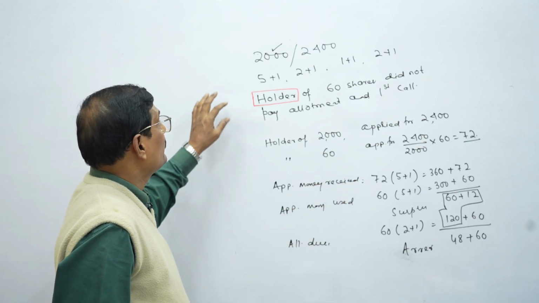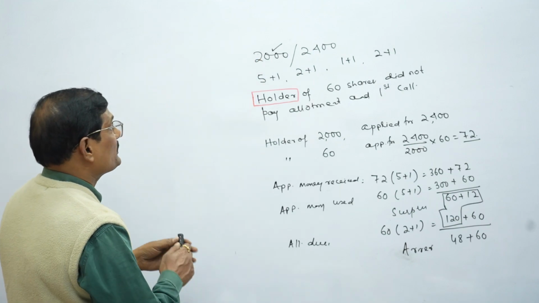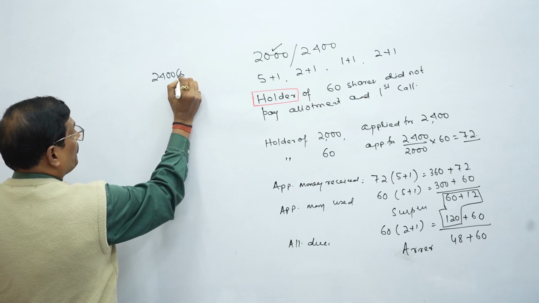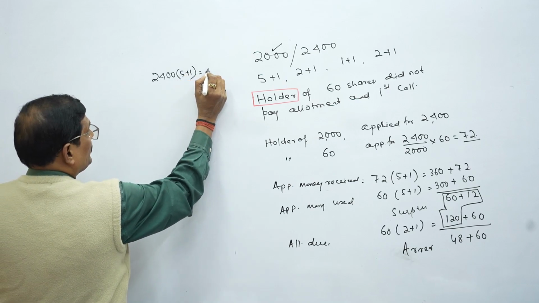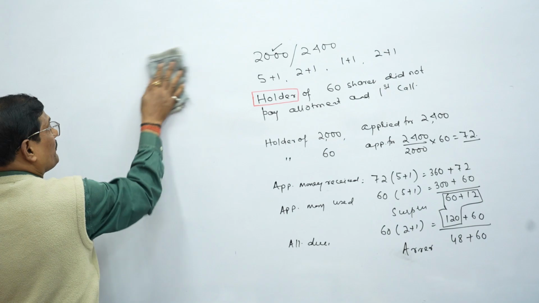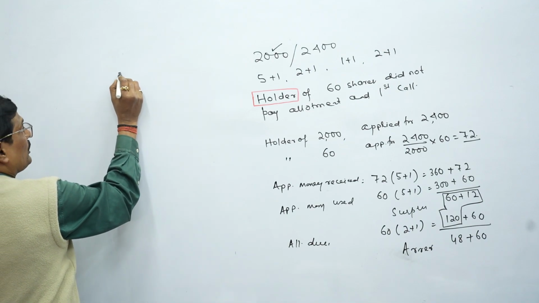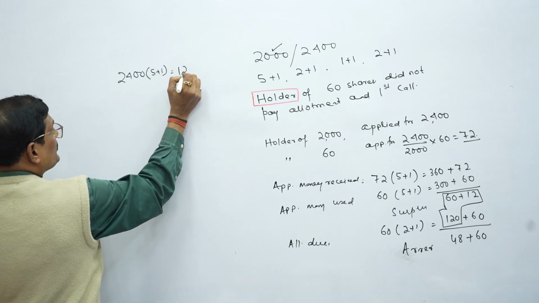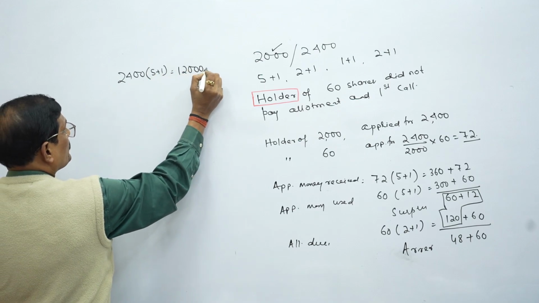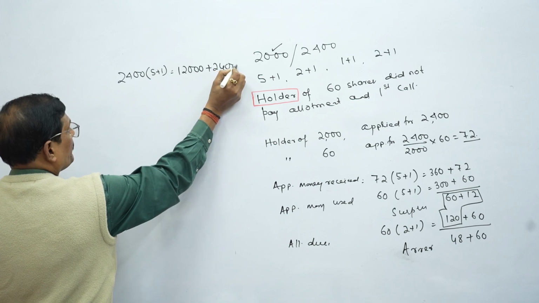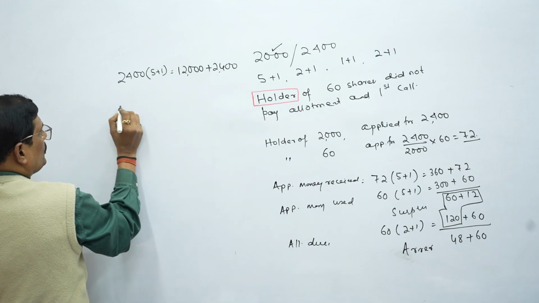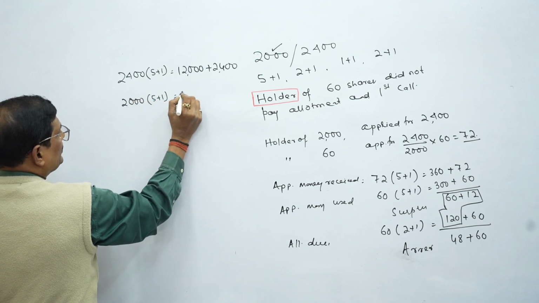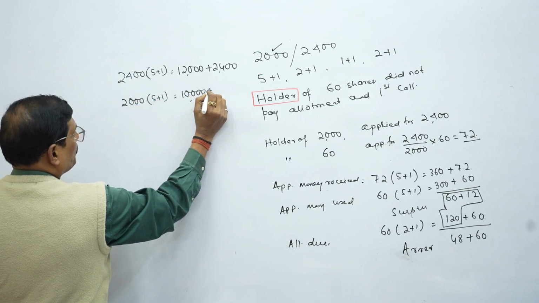And another one, we have to calculate how much amount we have received. Application money received is 2,400 into 5 plus 1, that is 12,000 plus 2,400. The application money used 2,000 into 5 plus 1, that is 10,000 plus 2,000.